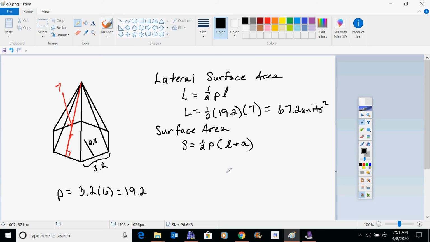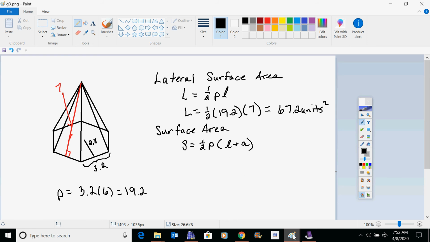Surface area, once again, the formula here, if you have the apothem, this works out great. Another way that you can handle surface area, and I want to add this, is you can take the lateral plus 1 base. If you had a different shaped base like a square, it might be a little bit of overkill to have to find the apothem first.